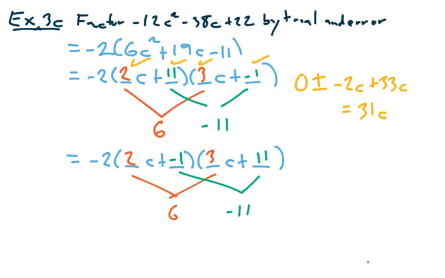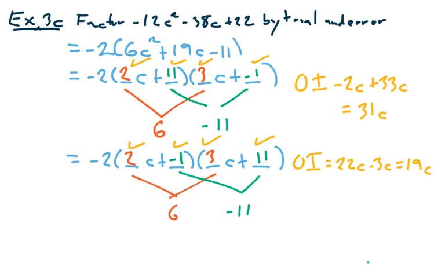And see if that does any good. Let us check the OI. Product of the outer terms, product of the inner terms. The outer product is 22c. The inner product is negative 3c. That gives me the 19c that I was hoping for. So I have found the factorization.